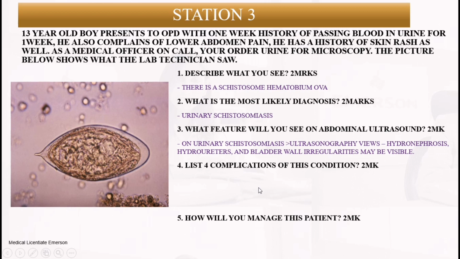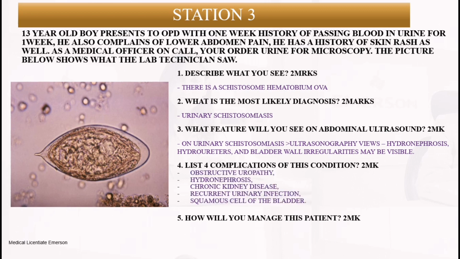Then complications of this condition. This is urinary schistosomiasis, so of course we can have obstructive uropathy, hydronephrosis, chronic kidney disease, recurrent urinary infection, squamous cell carcinoma of the bladder. So I think we've mentioned some of the complications. Then how will you manage?